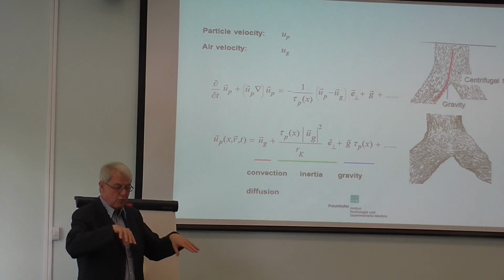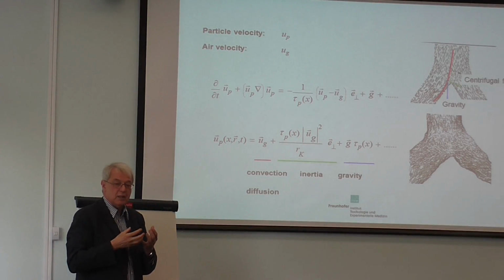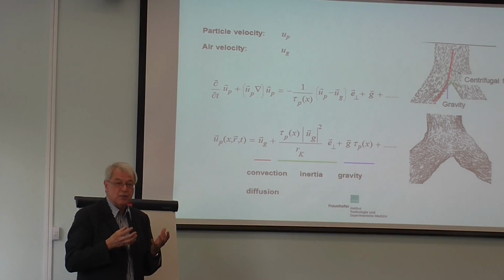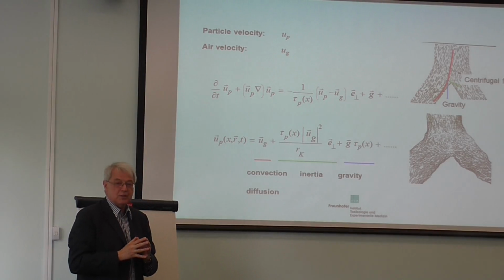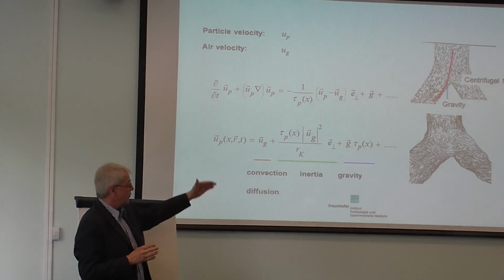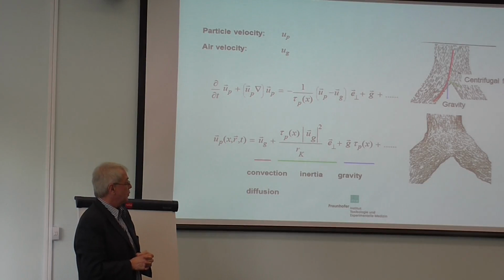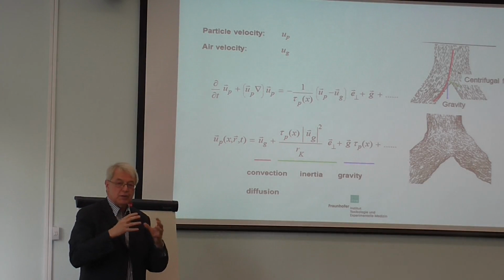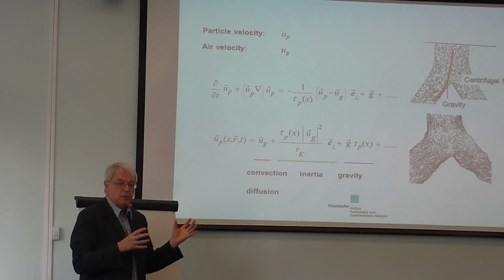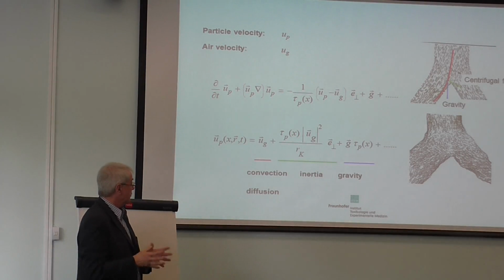That means that at the bifurcations where you have strong changes of streamlines, there may be an enhanced deposition of particles. And exactly this is what has been found, that at the bifurcations you have, so to speak, hot spots of particle deposition. Then you have the gravity, so the settling that influences your particle deposition pattern. And then when the particles get really small, you have the Brownian motion, so the diffusion of the particles that become responsible for their deposition in the respiratory system.